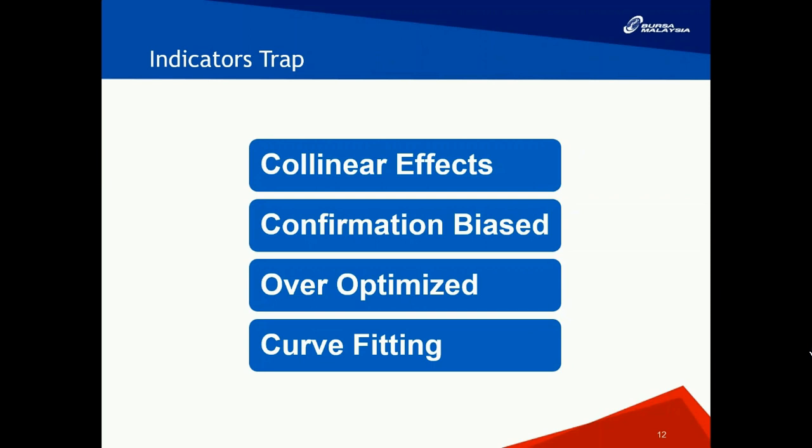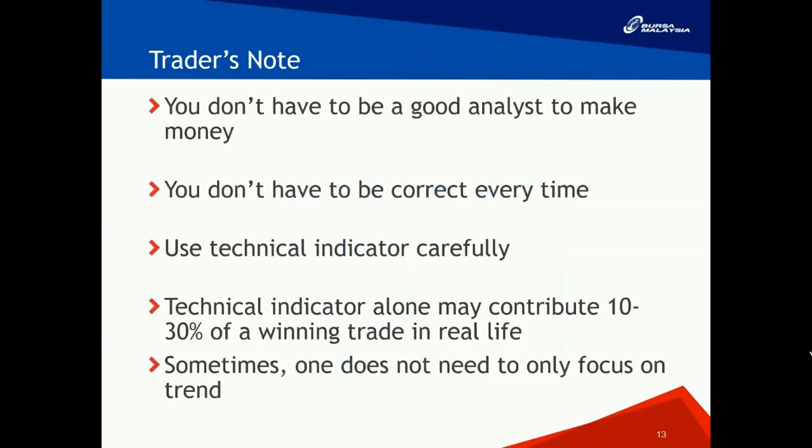But up to a point you find that all this doesn't work anymore, because you have actually fallen into all these traps: collinear effects, confirmation bias, over optimization and curve fitting. And it's hard to explain how important it is to identify this before you really go into full-time trading. We'll talk about this in the later part of this presentation.